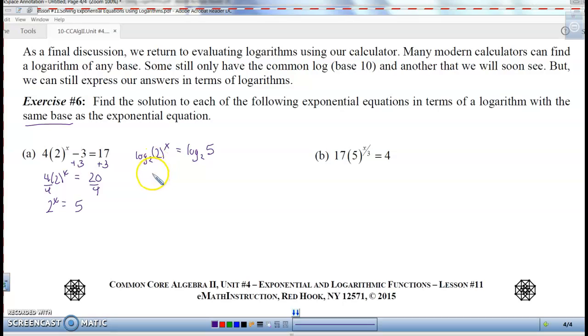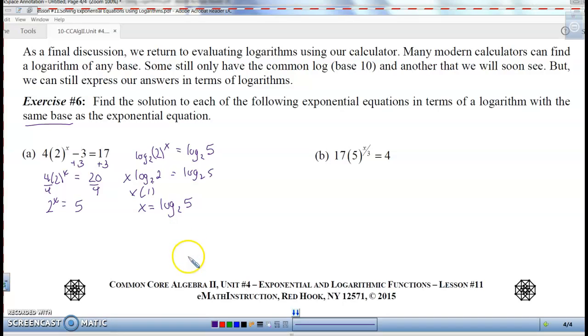So we have x log to the base 2 of 2 is equal to log to the base 2 of 5. And we just said log to the base 2 of 2 is equal to 1. So this is going to be x is equal to log to the base 2 of 5.